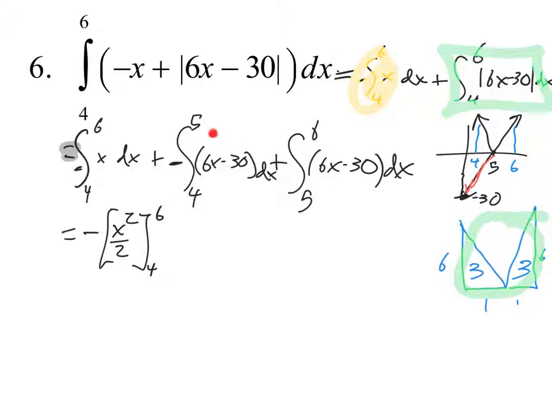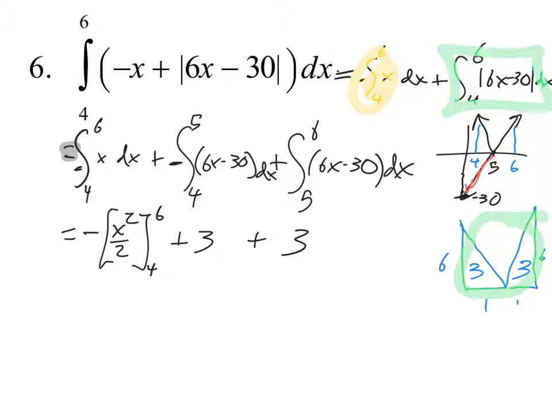Again, I already know that this is going to end up being positive 3. If you were to do the integral of this, you'd get negative 3, but remember, we want the opposite because it ends up being positive. So plus 3, plus 3.